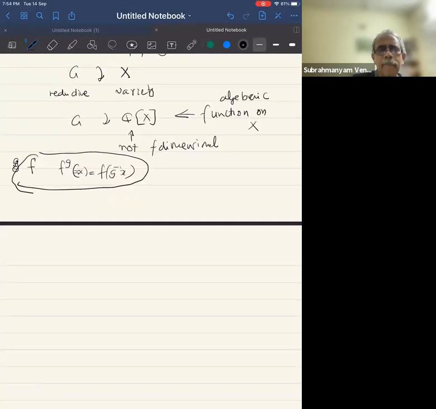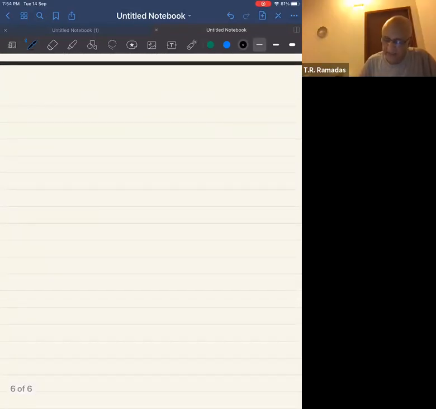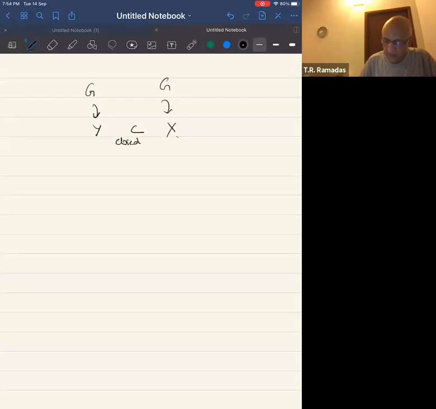Now, here is a sneak preview of how linear reductivity is used. Supposing I have G acting on a variety X and Y is a closed subvariety. Let's assume everything is affine. Then a closed subvariety is given by a surjective restriction map from C of X to C of Y. Within these, I have the invariant functions.